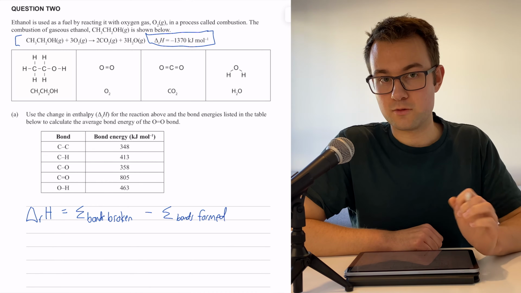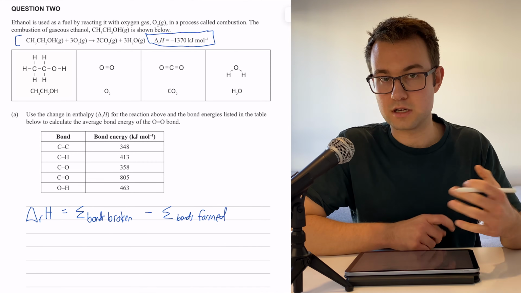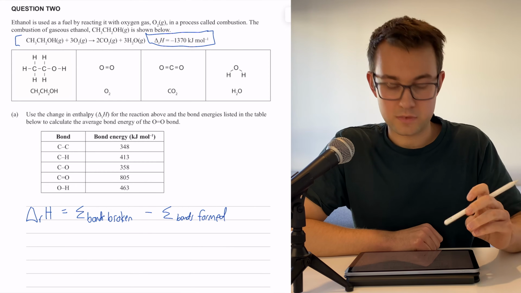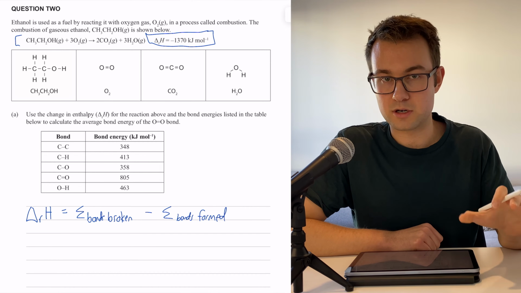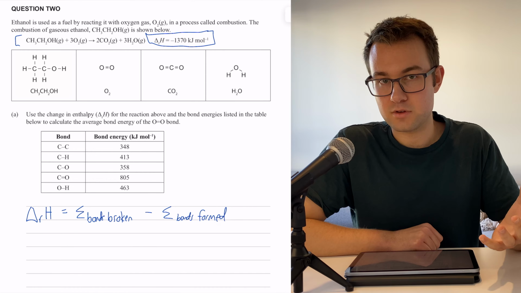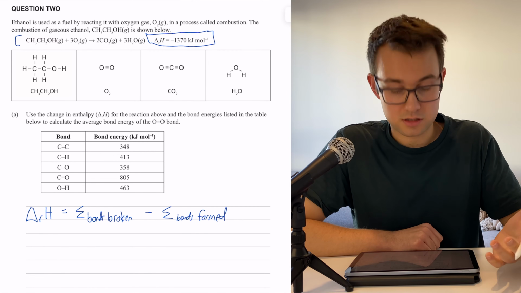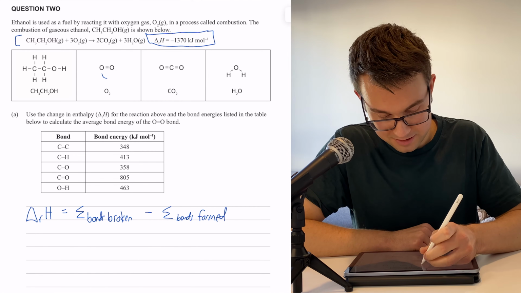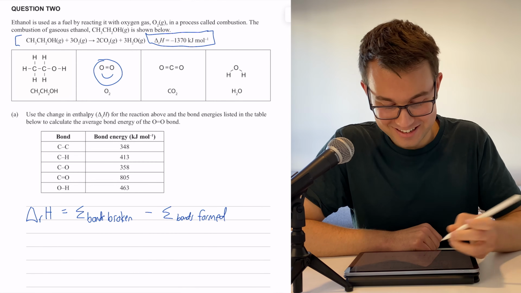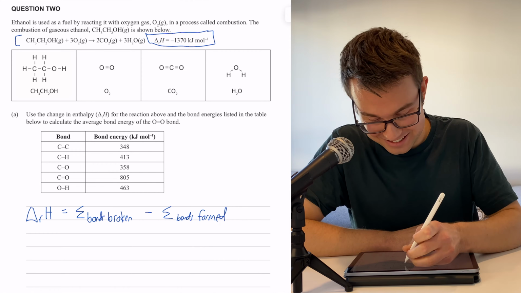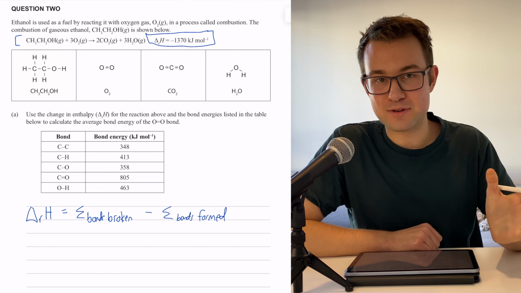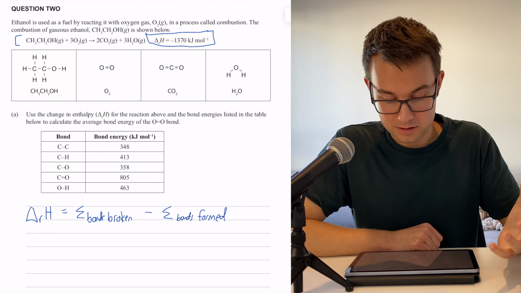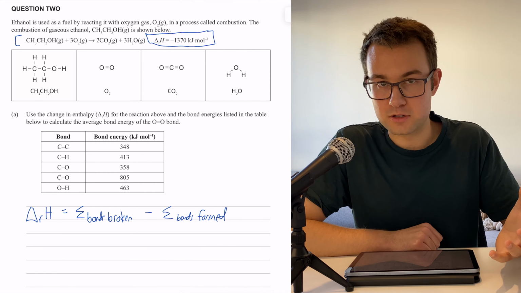But when bonds are formed, they release energy out into the surroundings, which makes a little bit less sense intuitively than bonds breaking. But think of a bond as a happy place for the atoms to be. Bonds are generally a state of low overall energy, so atoms want to be bonded.